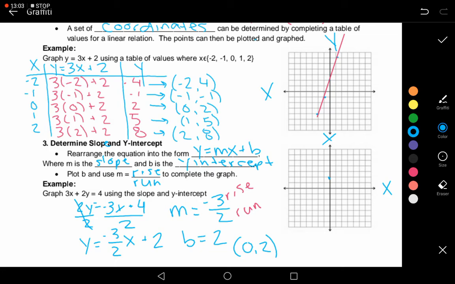So from this point, I'm going to go down 3, 1, 2, 3, over 2, 1, 2. That's another point. And I have 4 solid points. If I want some more points, all I have to do is go the opposite way.